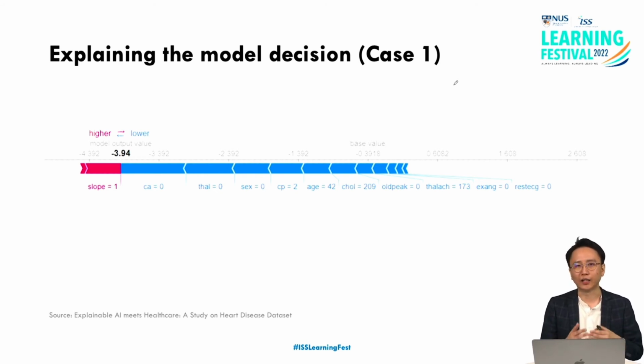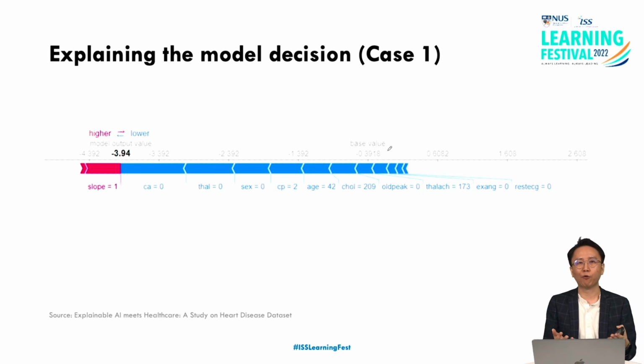After that, it identifies the relative contribution of every feature that causes the specific prediction outcome to deviate from the base value. So to understand this explanation, we first need to identify the base value, which is minus 0.3918.